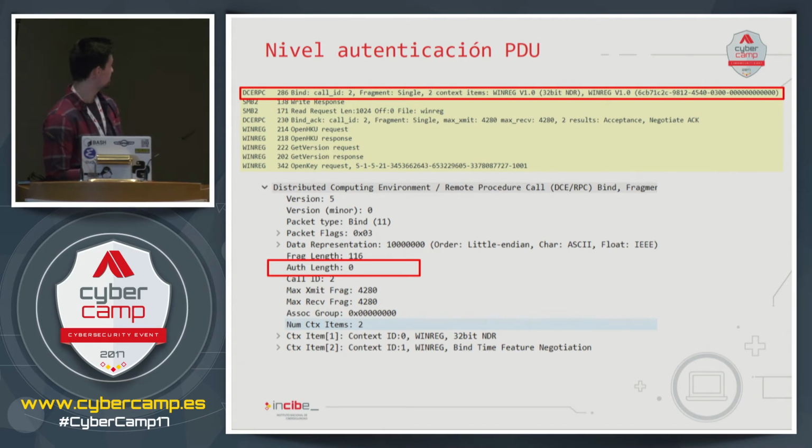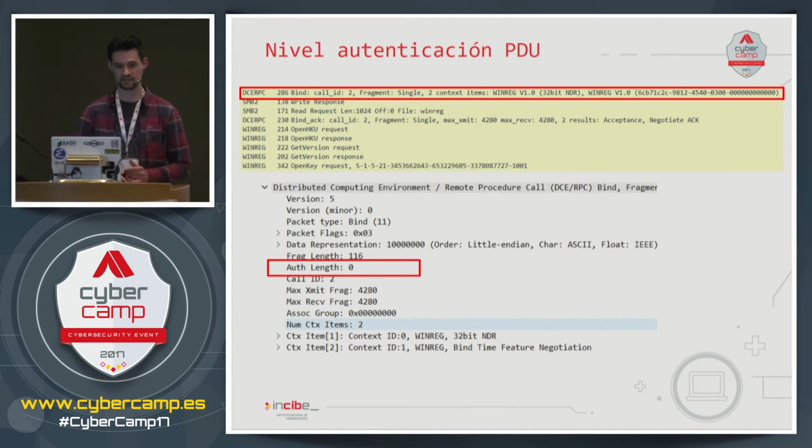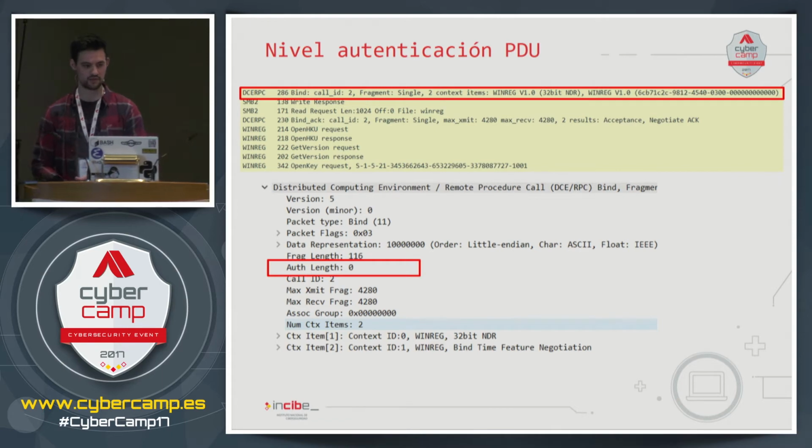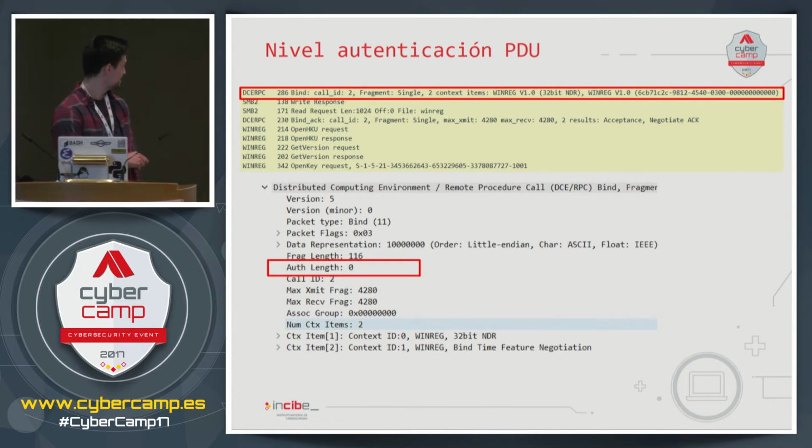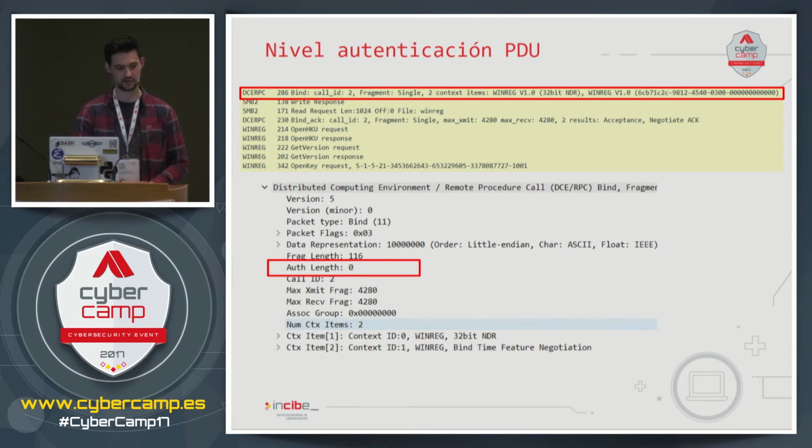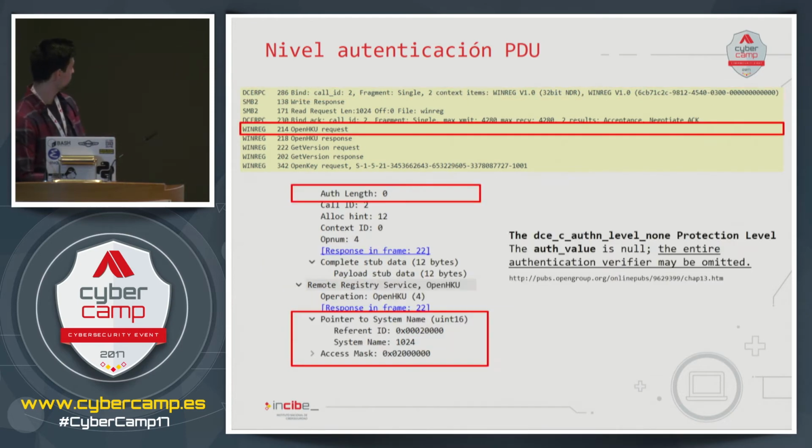What's the problem? That in the bind message, the authentication length is 0. So for it to be 0, what that means is that the authentication level that's being negotiated is 1. There's no authentication information, there's no security in the packages that are going to be sent in this context.